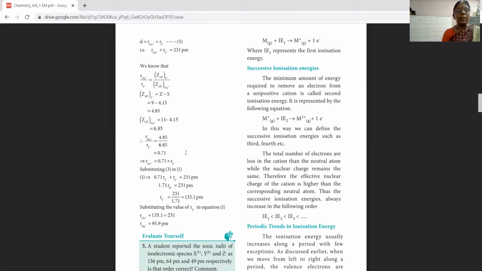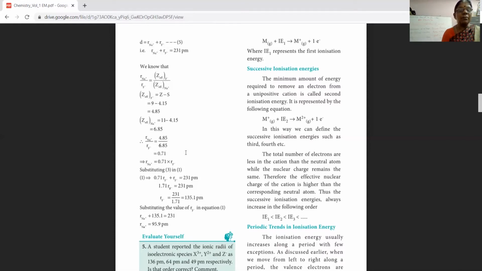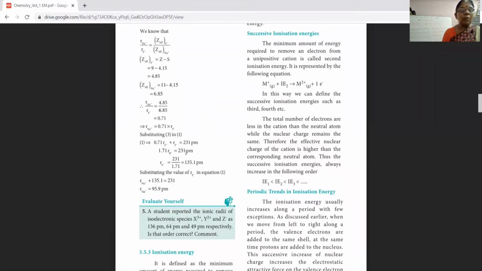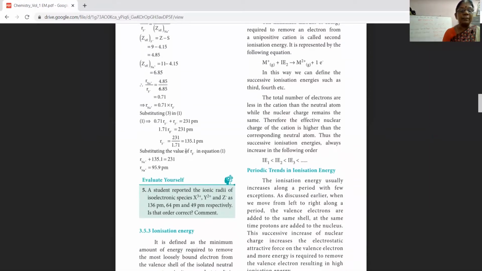Substituting this value in the previous equation, you will get 0.71 RF- plus RF- is equal to 231, and 1.71 RF- is equal to 231 pm. Therefore, RF- is equal to 231 divided by 1.71, which is equal to 135.1 pm. Substituting this value, we will get the value of RNa+ as 95.9 picometer.